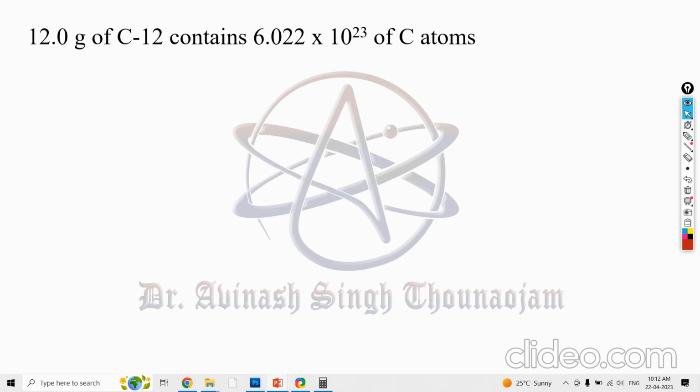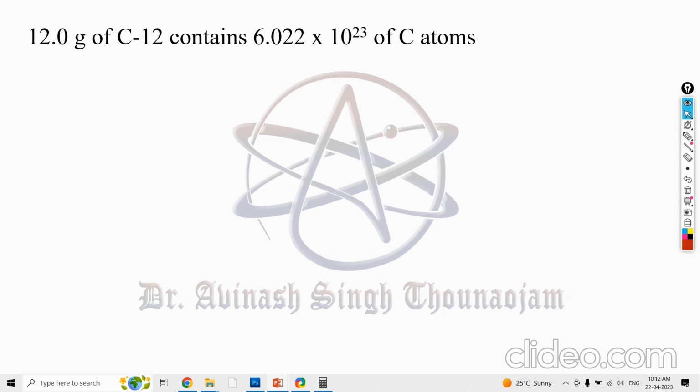Like the definition, if you take 12 grams of carbon 12 isotope, it is found that it contains one Avogadro number of carbon atoms.